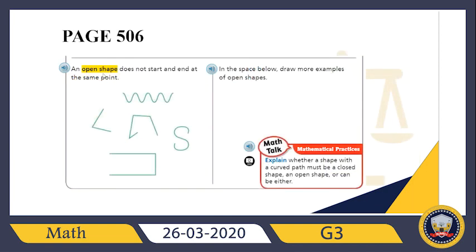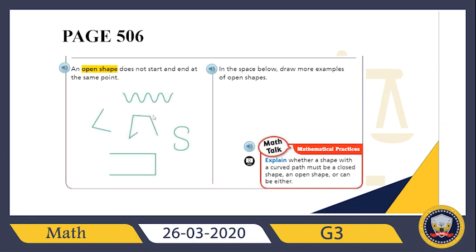Okay, let's check open shape. An open shape does not start and end at the same point. For example, for this one, I'll start from here and if I follow this, I'll finish at another point. So start and end points, they are different. For this one, also start and end points are different.